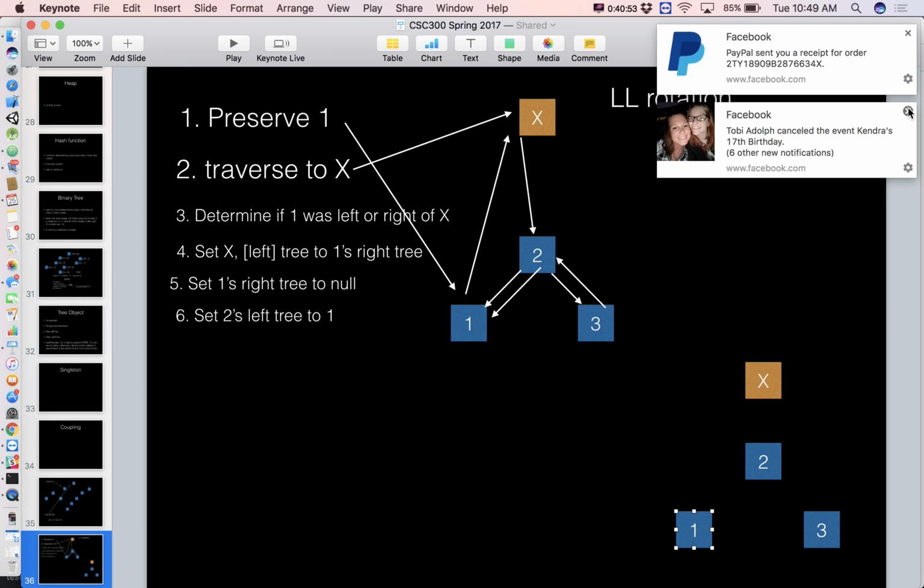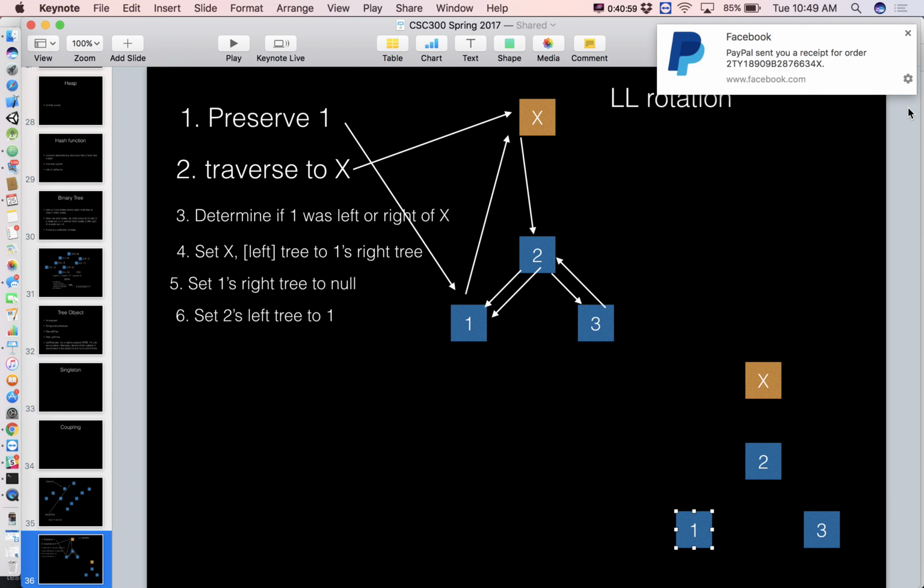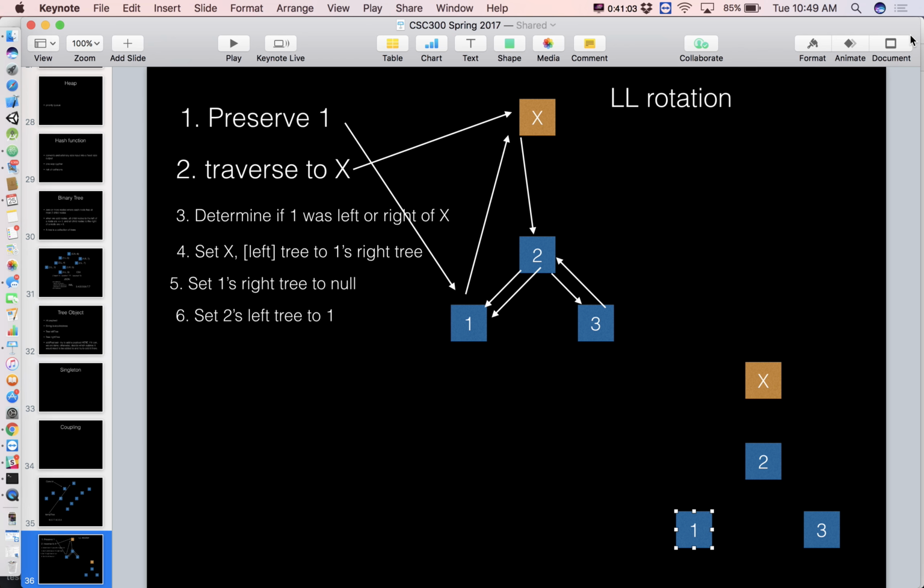The birthday party got canceled? I'm supposed to drive into Illinois for some birthday party this weekend. It looks like it was canceled. Mr. Gonzalez got a new outfit the other day, by the way. Everybody see his new outfit on Facebook? You'd be friends with Mr. Gonzalez.